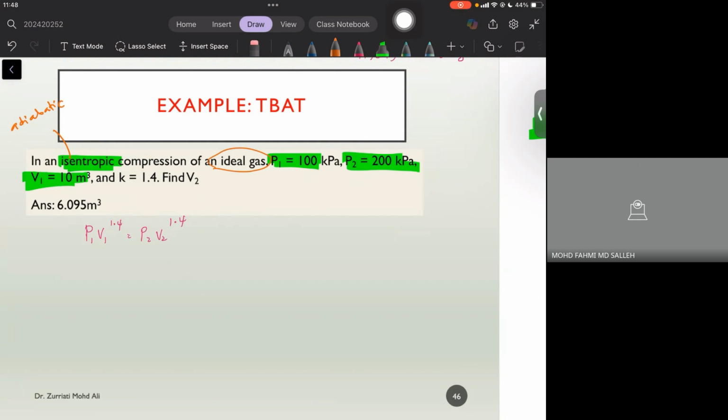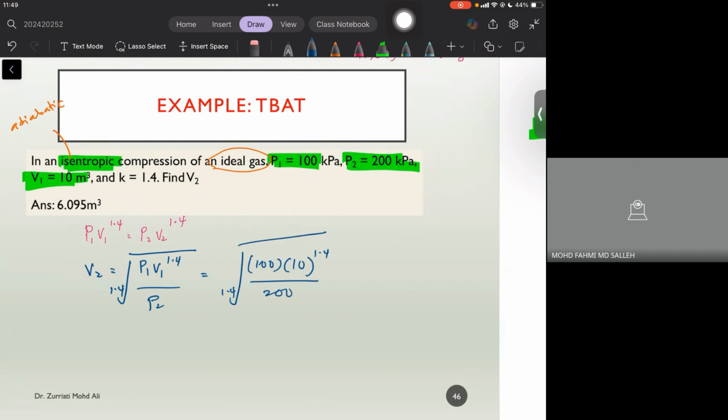From this relation, we can find the volume at state 2. Then you get the answer, 6.0951 meter cube.